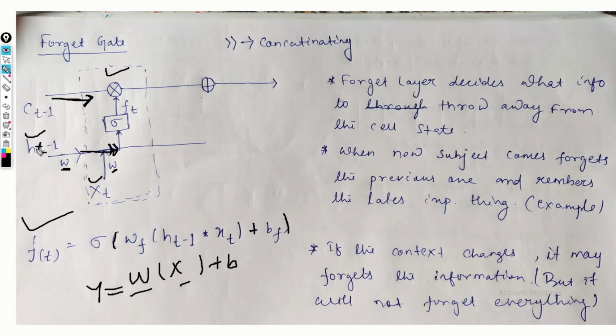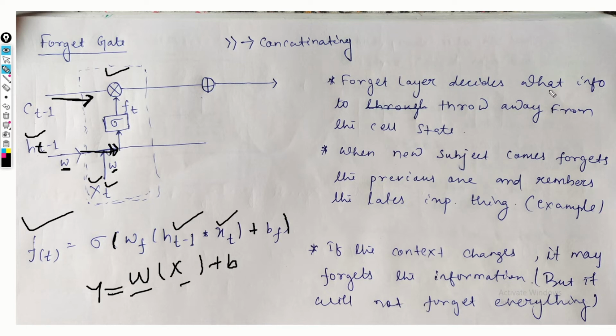So the previous output and the current timestamp word will be passed with some weight. We multiply the weight with both factors, add some bias, and pass to the sigmoid function.